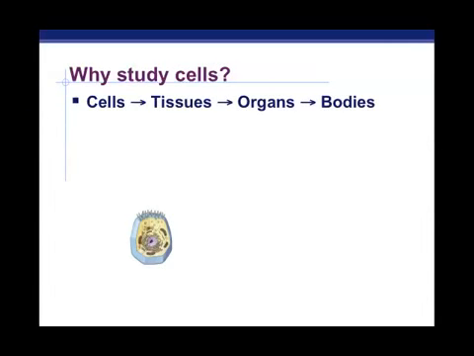So why do we need to know cells? Cells work together to form tissues, such as your skin, epidermal, and tissues work together to become an organ, such as your stomach. And then the organs work together to become your body.